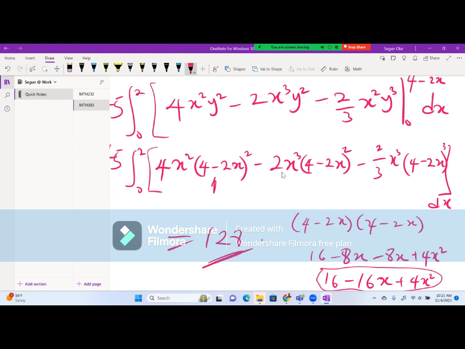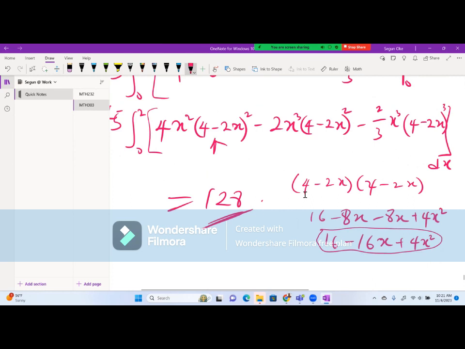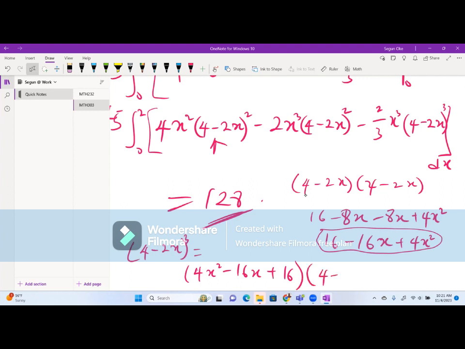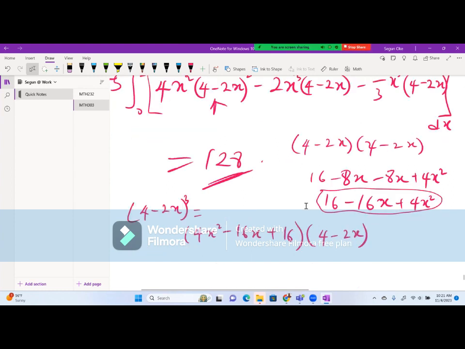For the last one, the one with cube, remember you have 4 minus 2x cubed. All you need to do is multiply this one, which is equal to 4x squared minus 16x plus 16 multiplied by 4 minus 2x. So that is what equals your cube.